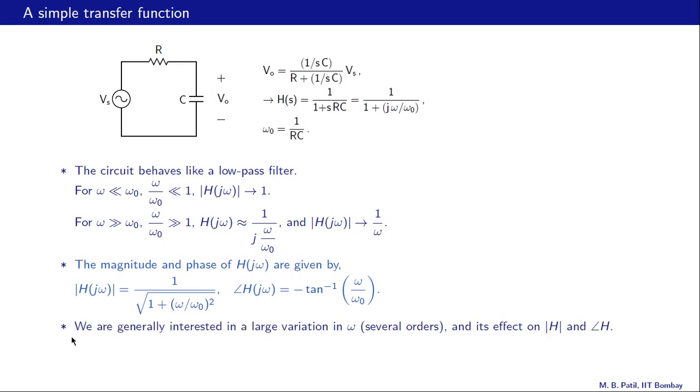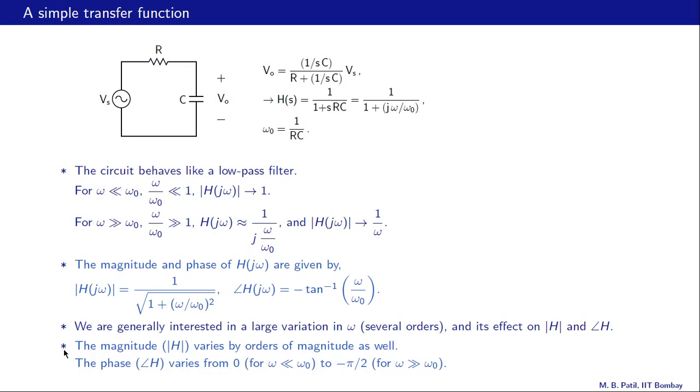Next point, we are generally interested in a large variation in omega and its effect on the magnitude of H and the angle of H. And what do we mean by large over here? By large, we mean several orders of magnitude. For example, we may be interested in omega varying from 0.1 radian per second to 10 raised to 6 radians per second.